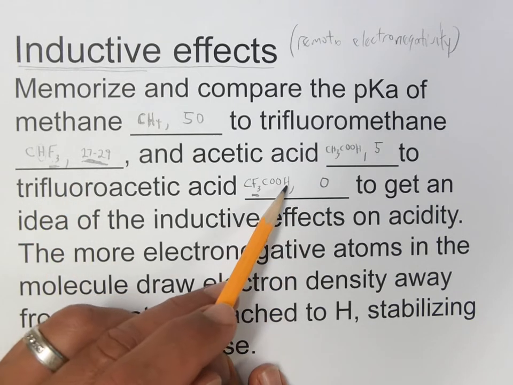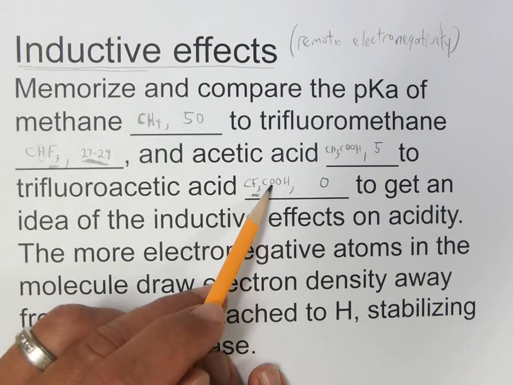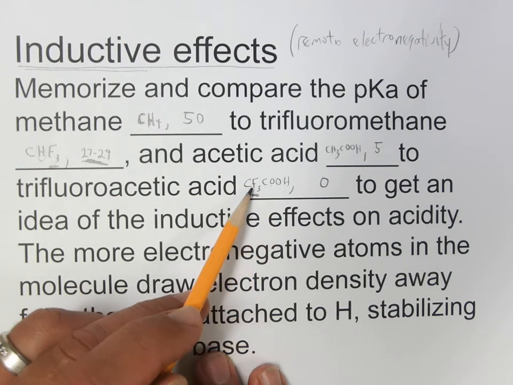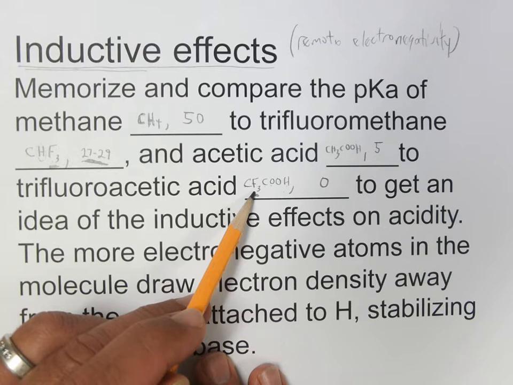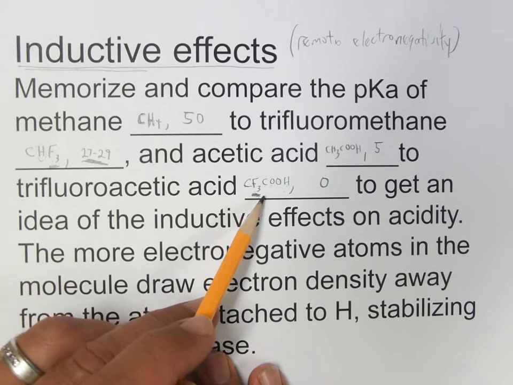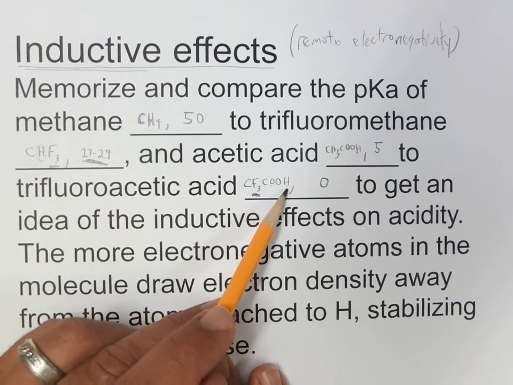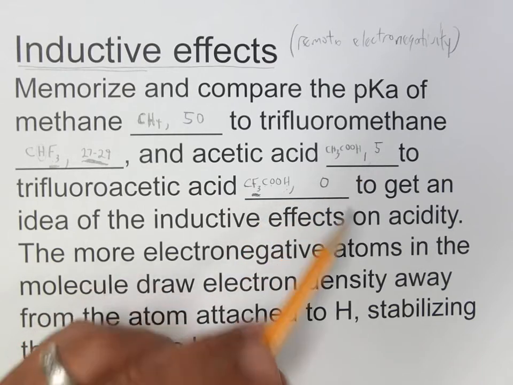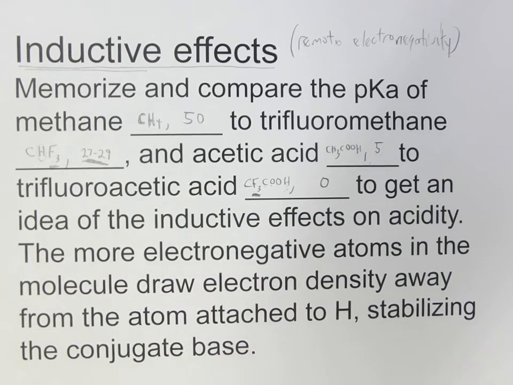In the case where the hydrogen is bonded to an oxygen, which is bonded to a carbon, which is bonded to another carbon, which is bonded to the fluorines, now we have 3 fluorines about 5 bonds away from this hydrogen. They're going to have a much smaller effect because they're much farther away.